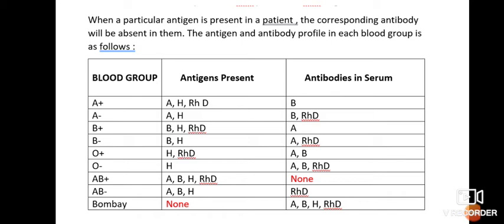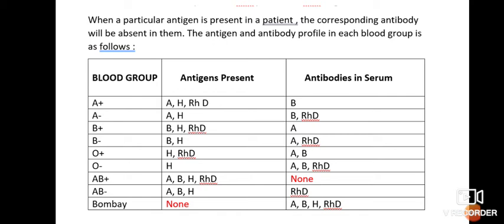And Bombay blood group, as we saw earlier, has none of the antigens, not even H. And the exact opposite is what we see in the antibodies in the serum of that patient. So the important places where they will confuse are: in Bombay blood group there are no antigens present, and in AB positive individuals there are no antibodies present.